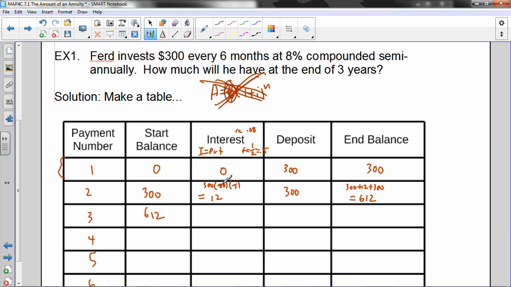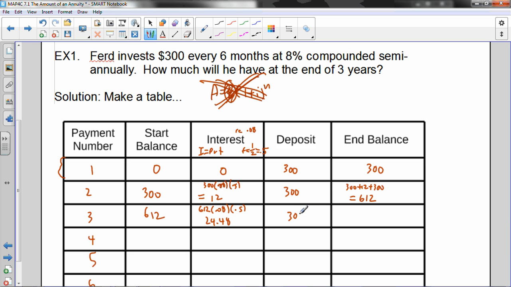And you say, well, why are we using the simple interest formula? Isn't it compound? Well, this is the idea of compounding interest, that now I'm going to earn interest on that $12, right? So because it's $612 in the bank now, this becomes the new principal. How much interest does he earn on that? Well, principal is $612, 8% a year for half a year is $24.48.